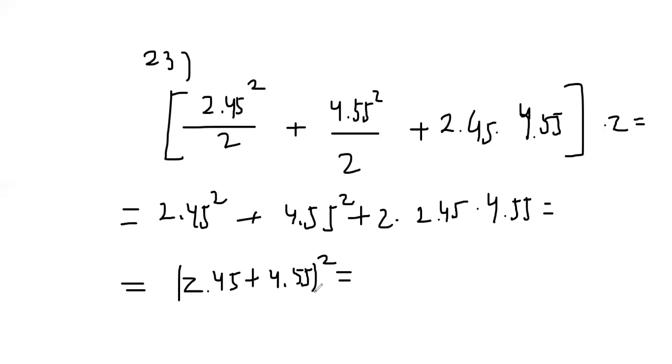So we know that this expression inside is going to be 7. So it's going to be 7 squared, which is 49. The answer is 49.